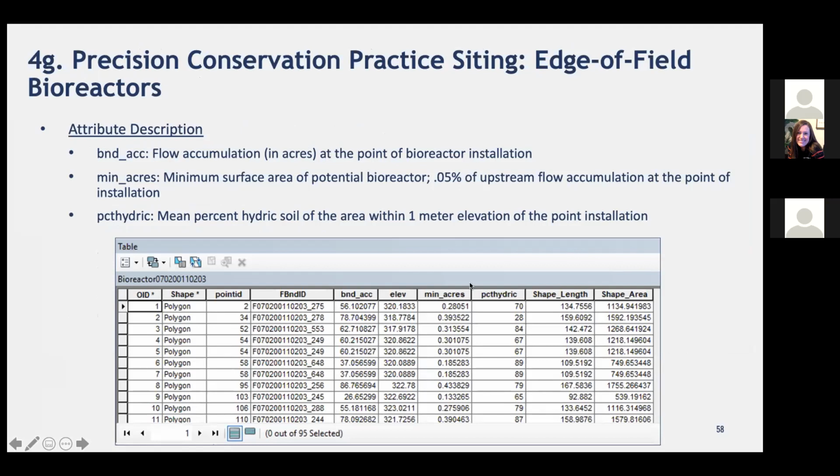So you can see, for example, the flow accumulation in acres at the point of the bioreactor installation, that's here in the BND_AC. The minimum acres, which is the minimum surface area of that bioreactor, and then the mean percent hydric soil of that area within 1 meter elevation of the installation point. Again, we would like that to be less than 90% to avoid siting these in areas with more wetland-like soils.